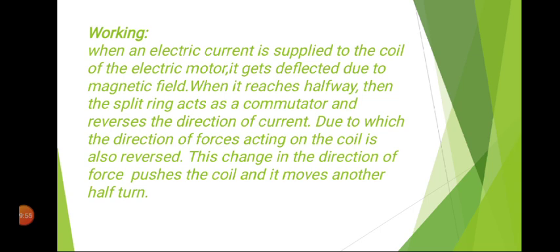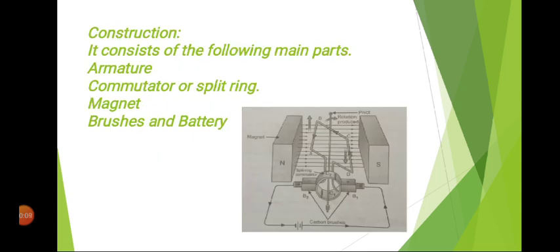Now how does it work, means how does the electric motor rotate? In the figure we can see there is a rectangular coil AB and CD, where rotation is produced. How is the rotation produced?